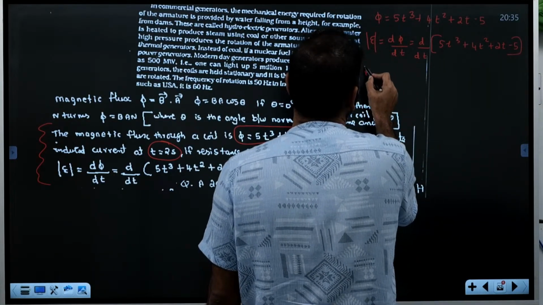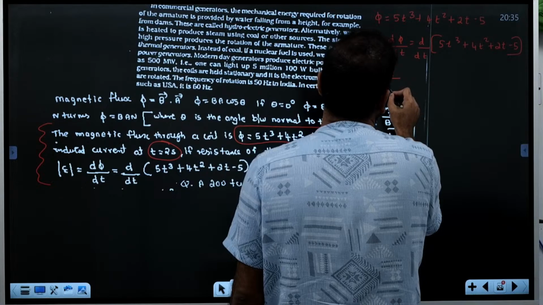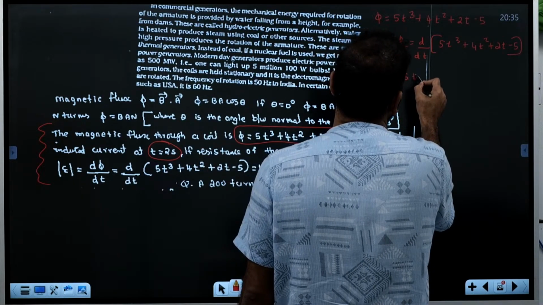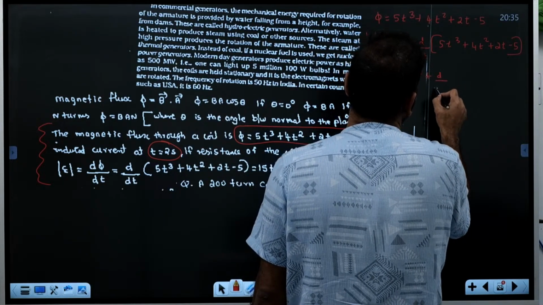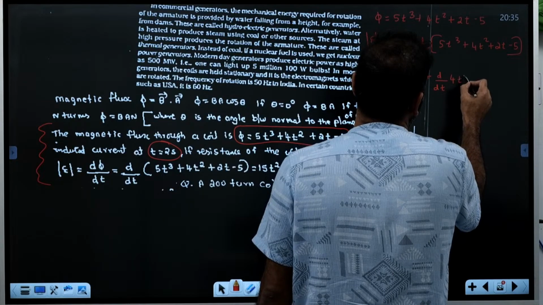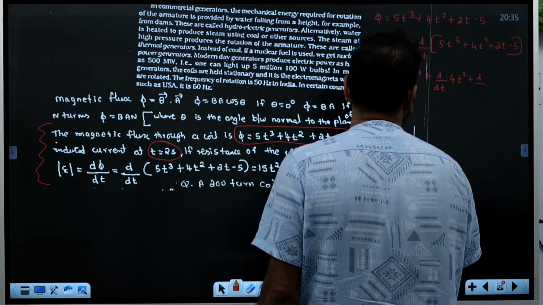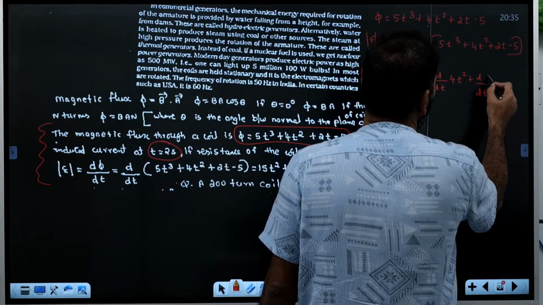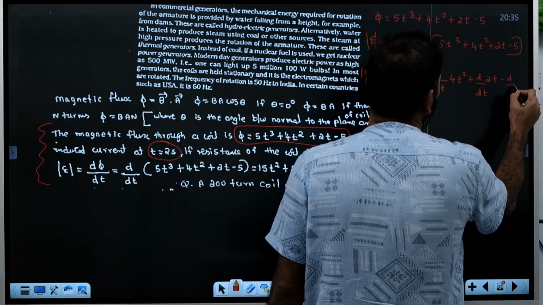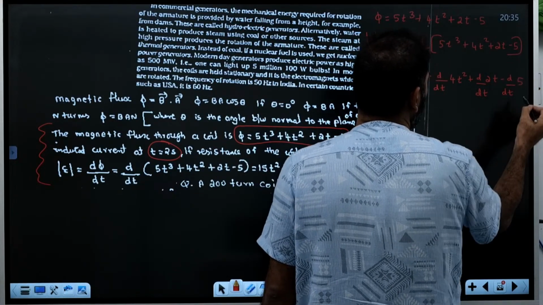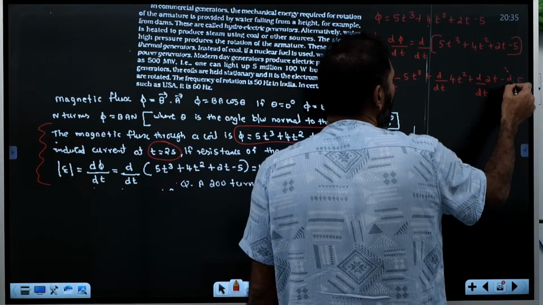So, magnitude of induced EMF equal to what? d by dt of 5t cube plus d by dt of 4t square plus d by dt of 2t minus d by dt of 5. d by dt of 5 is what? 0.